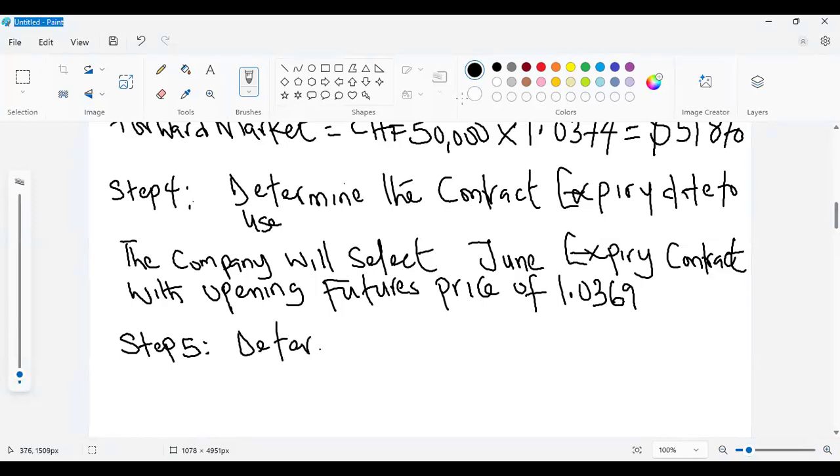Determine the hedge results. Now, for you to be able to determine your hedge results, you require the opening futures price and the closing futures price.